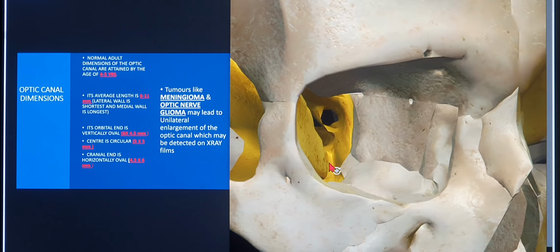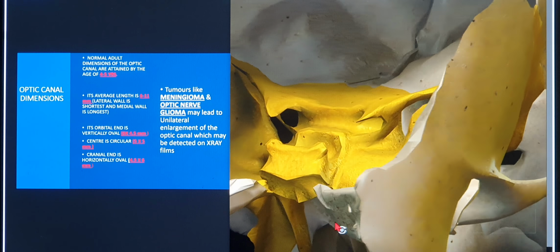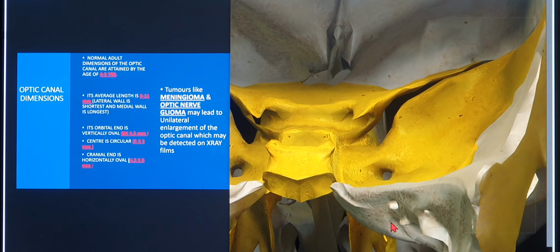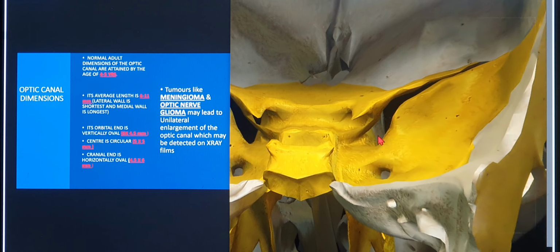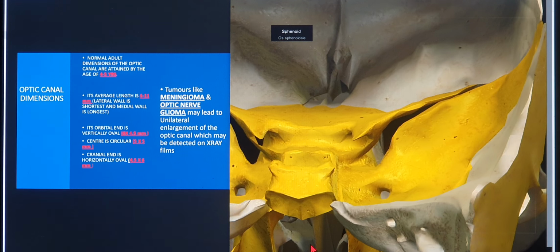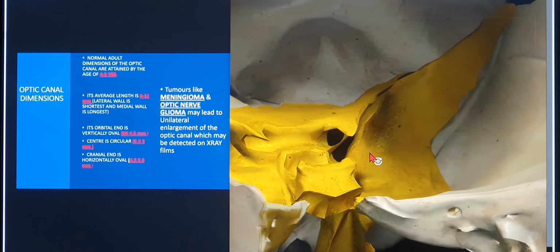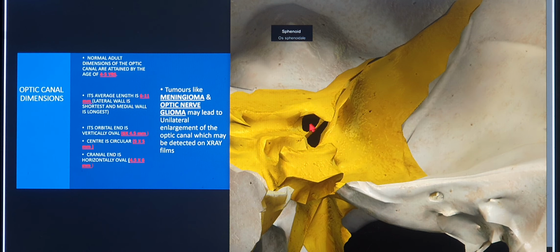So if you can see on the screen right here, I can show you. Now I've turned this so that we are viewing this from the posterior aspect, and as you can see over here, this is the region of the superior orbital fissure, right? And that is the region of the optic canal.